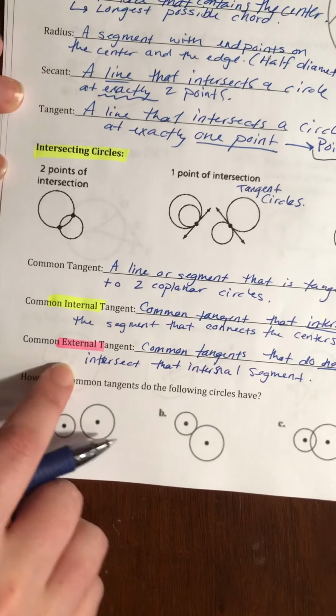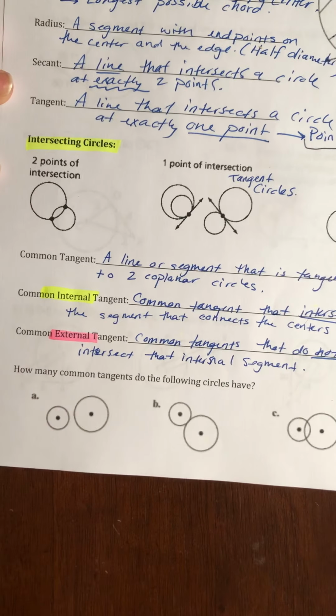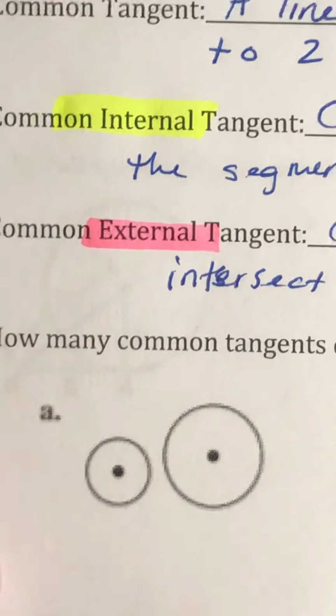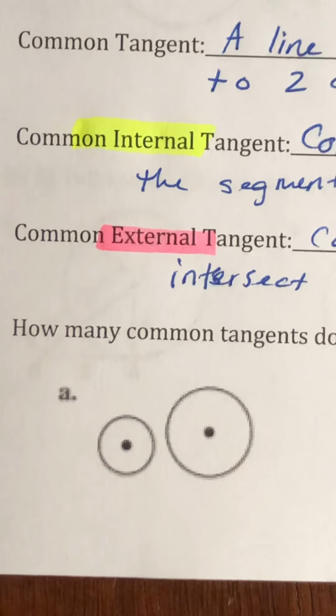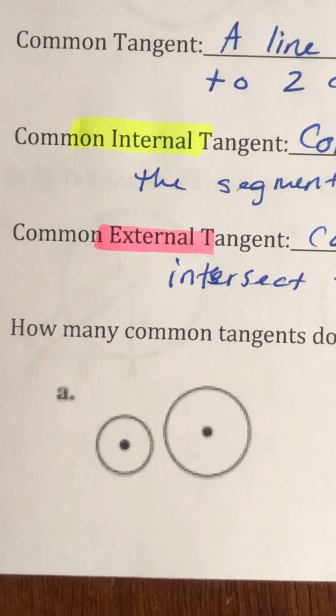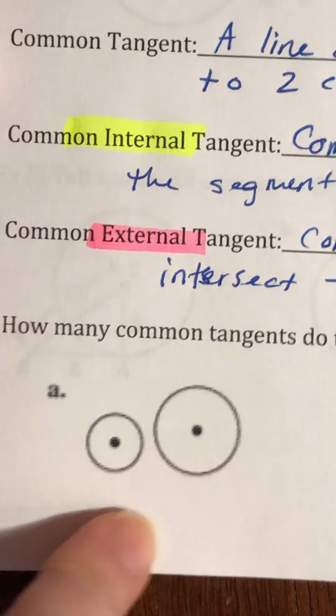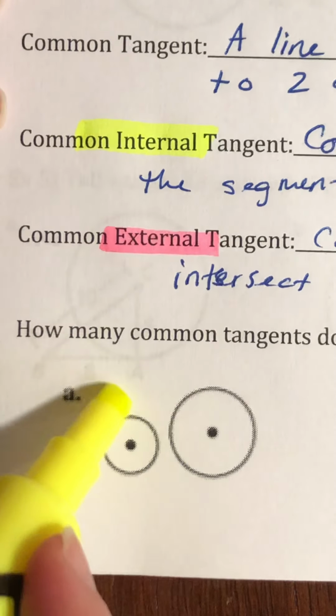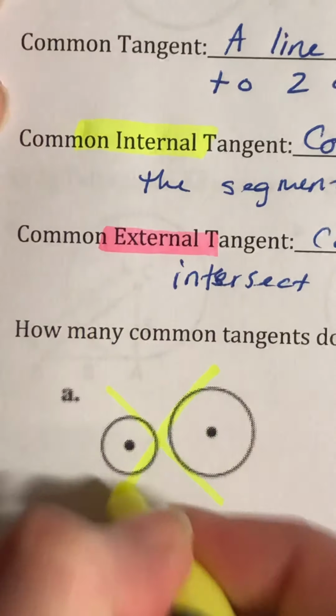So how many common tangents do the following circles have? So we have to think about common tangents, internal and external. So here I have 2, they're non-intersecting. So how many are those going to have? Well, for internal, you have 1 and 2.